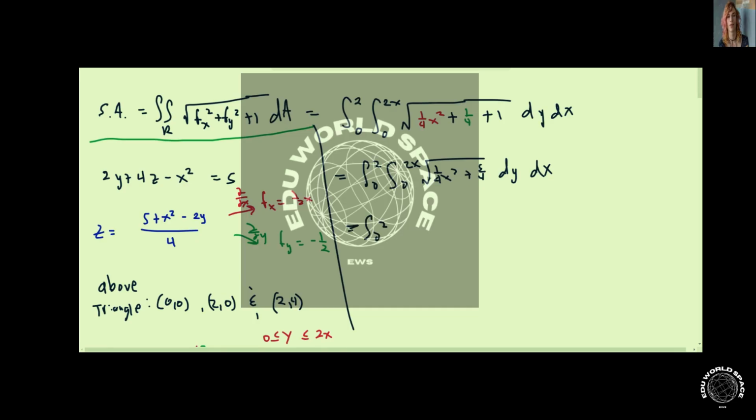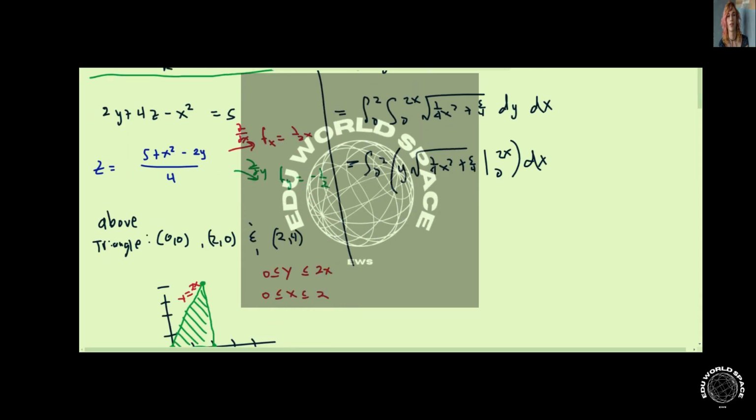So it would be y times the square root of 1/4 x squared plus 5/4 evaluated from 0 to 2x, dx. So we're essentially just multiplying this by 2x. So it would be 2x times the square root of 1/4 x squared plus 5/4 dx.